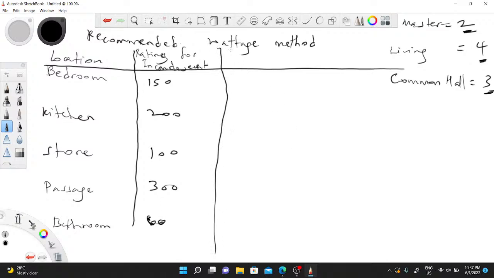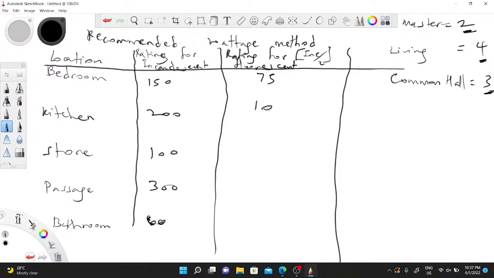Now you find the rating for fluorescent by dividing the incandescent values by 2. So you have 75, 100, 50, 150, and 30.